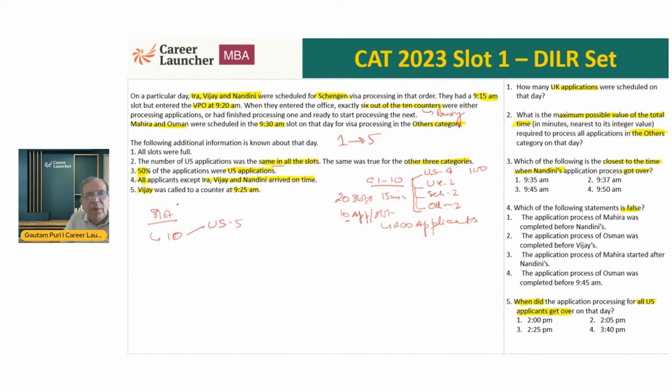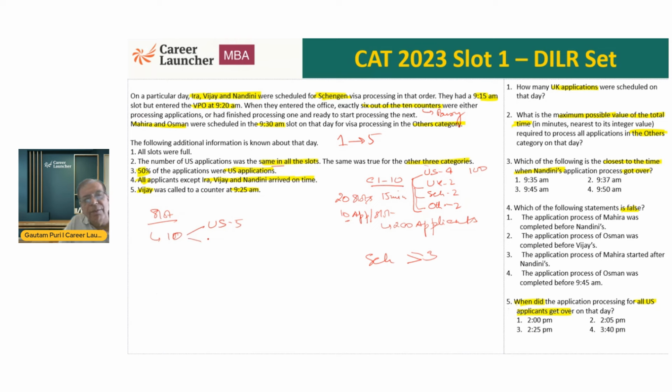Okay. Then what does it say? The number of US applications was the same in all slots. The same is true for all other 3 categories also. Now please tell me, Isa, Vijay, and Nandini are for Schengen visa. So can I say, as far as Schengen visa is concerned, the number of applicants will be greater than or equal to 3 in each slot.